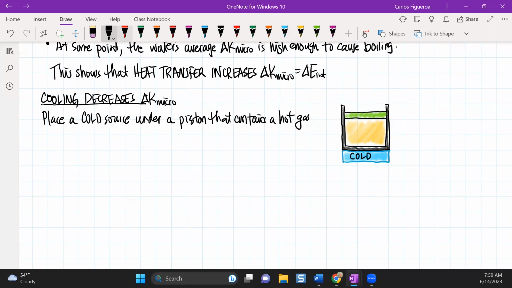And so what's going to happen here is that in this situation, this is the high internal energy state. And then right here, this is the low internal energy state. So when I look at the flow of heat now, it always has to go from the high to the low.